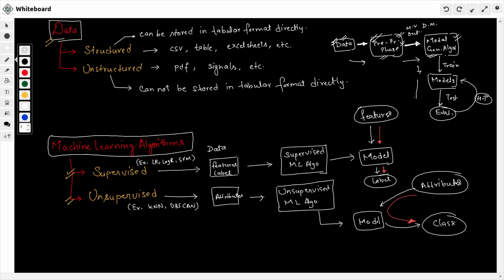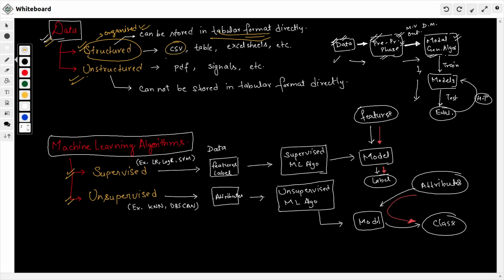Okay, so the first thing that we are going to cover is data. Data can be of structured type or it can be of unstructured type. If you have any data that is structured, then it must be following some sort of organization. So each and every record will be organized, and that can be stored in tabular format directly.